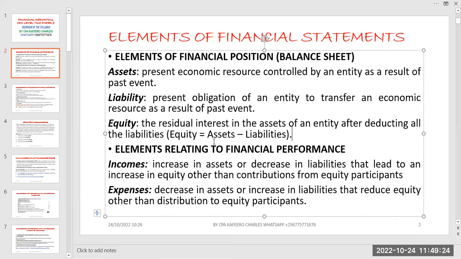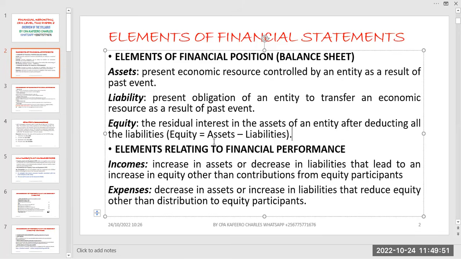Those are the things we find in the income statement of any organization, and we are defining these items according to the conceptual framework that was revised in March 2018. If you are using the old version, I know there are other ways you can define these, but we are going as per the standard.